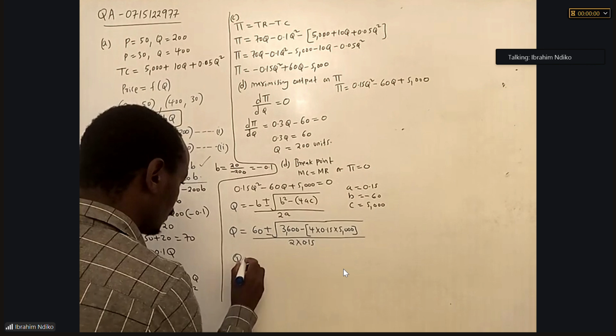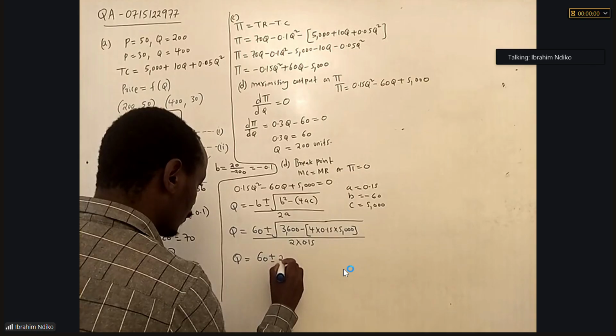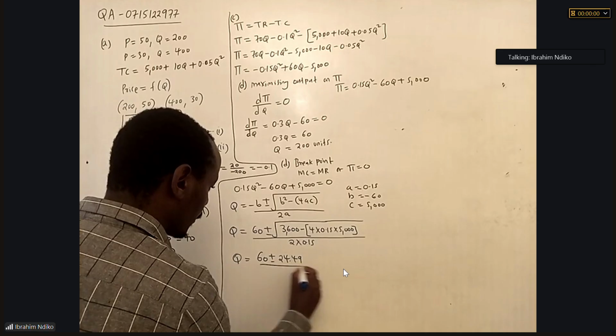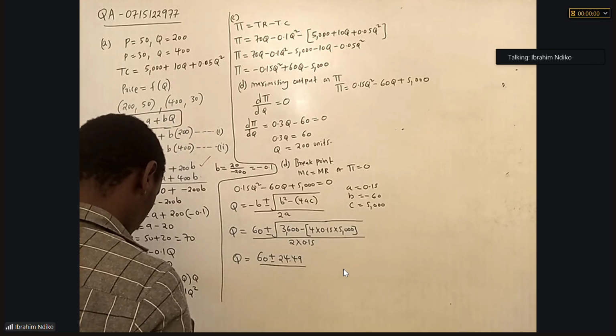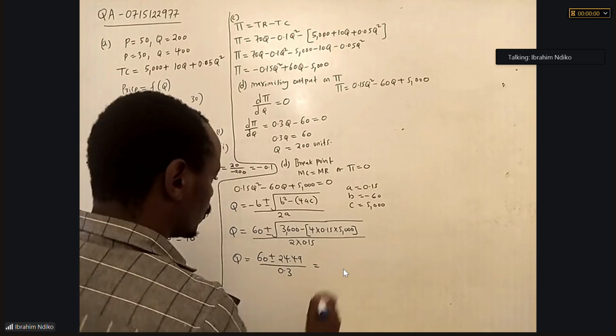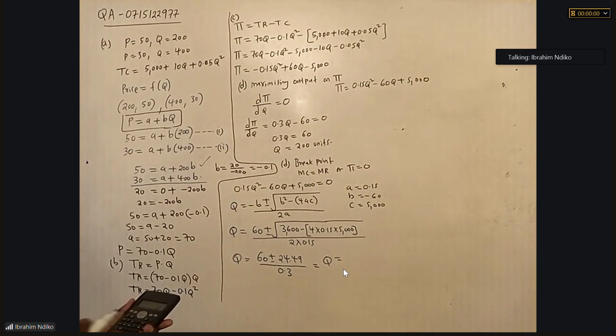So q is equal to 60 plus or minus 24.49 divided by 2 times 0.15, which is 0.3. So we shall have two q values. The first one is 60 plus 24.49 divided by 0.3.